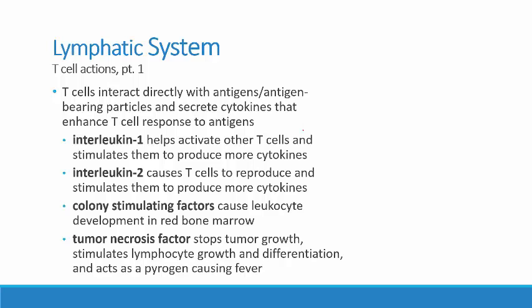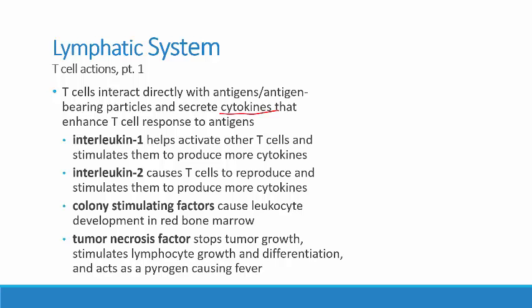So T cells will interact directly with these antigen-bearing particles and will secrete chemicals referred to as cytokines that will help the T cell, and other T cells, to really respond to this antigen.